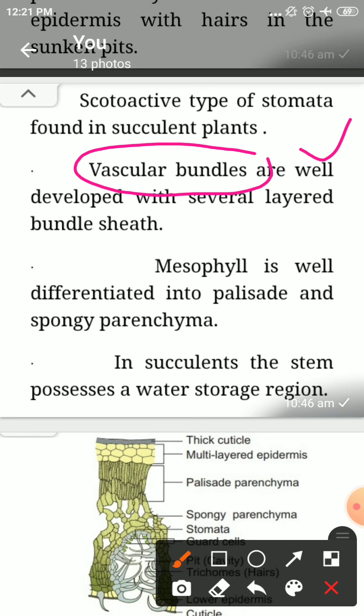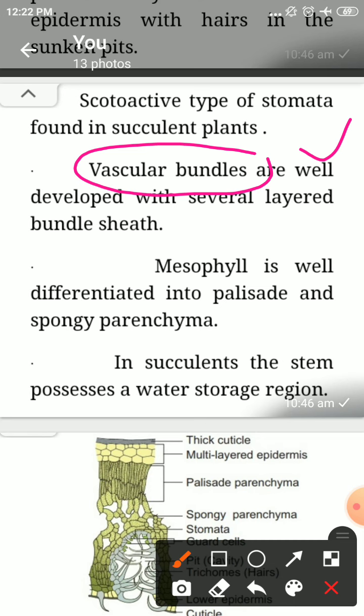Here, they are always numerous. Whatever traces of water are there in the soil should be absorbed by the roots and conducted through the stem. So for conduction, by nice capillary action, the conducting tissues are very well developed.